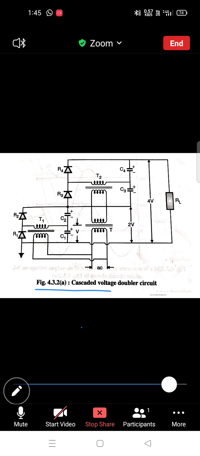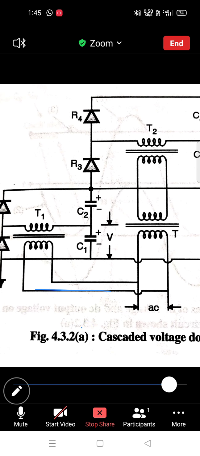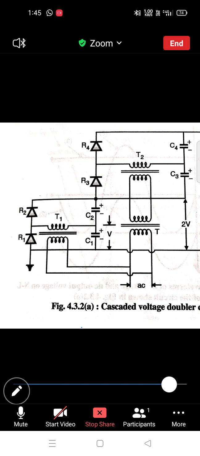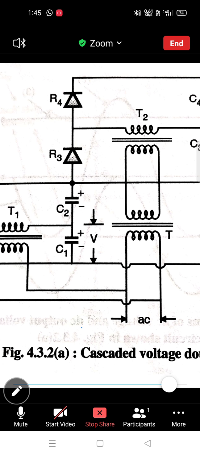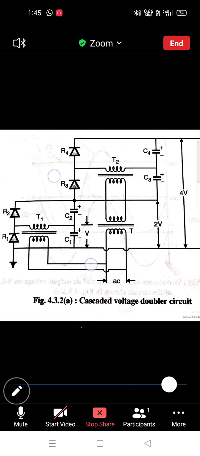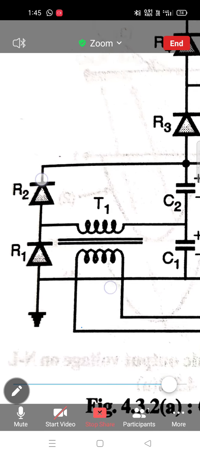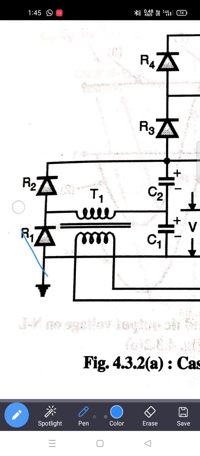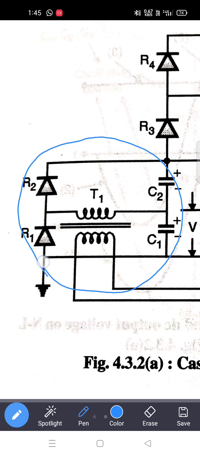Here it is given as a cascade voltage doubler circuit. So here you can see that the input we give is from here, and after it, it goes into the T1 transformer, and this is the first voltage doubler circuit.